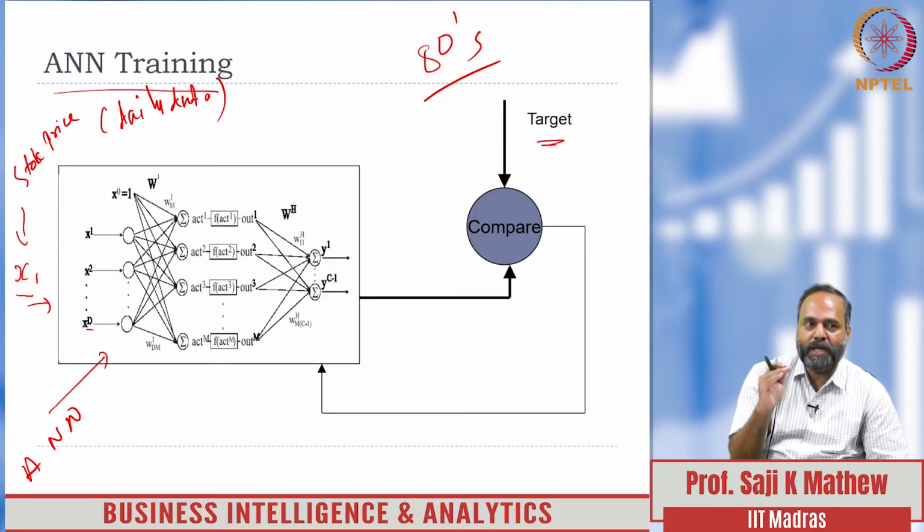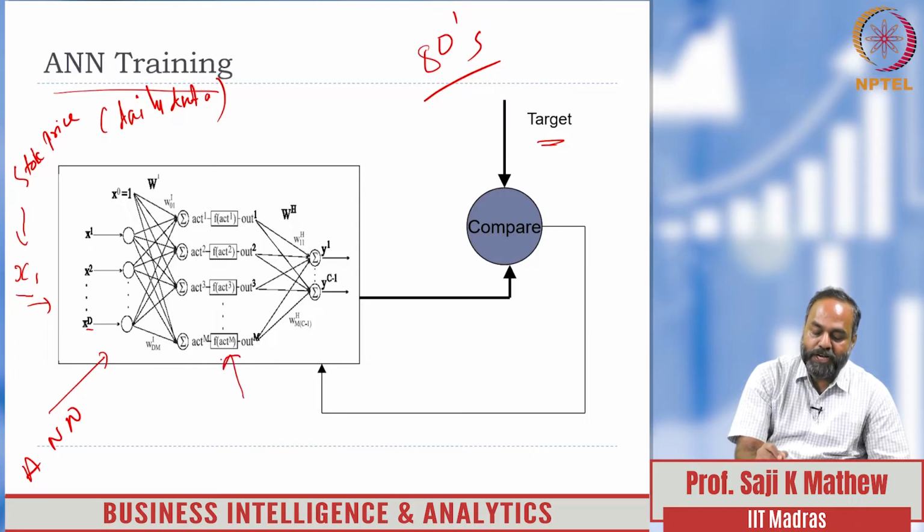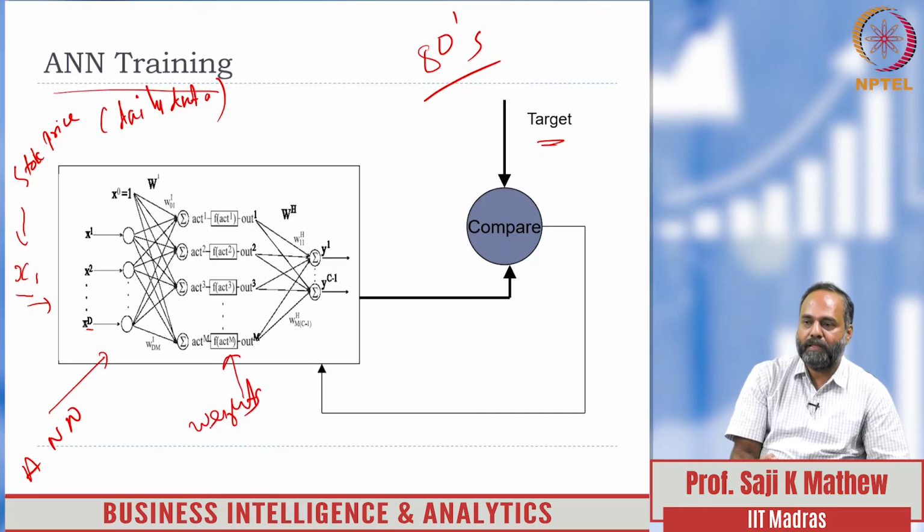So I am going tuple by tuple, data by data, and my objective is that the neural network should constantly adjust its weights. Each time I input the data, it should adjust its weights, so that the error is reduced.